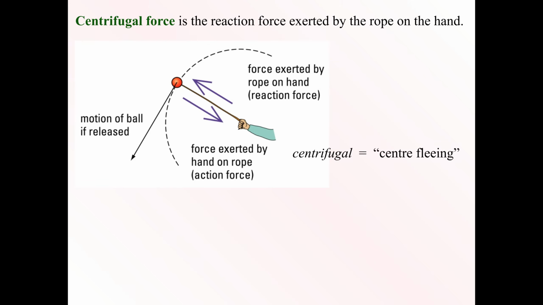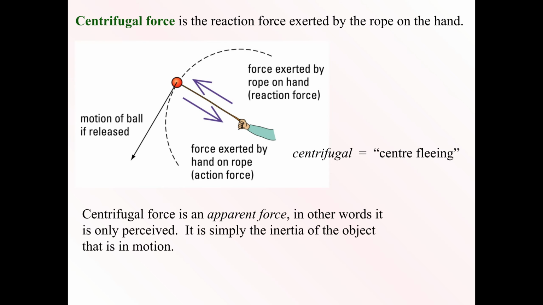Centrifugal just means center fleeing. Centripetal is center seeking, centrifugal is center fleeing. Centrifugal force is an apparent force. In other words, it is only perceived. It is simply the inertia of the object that is in the motion.